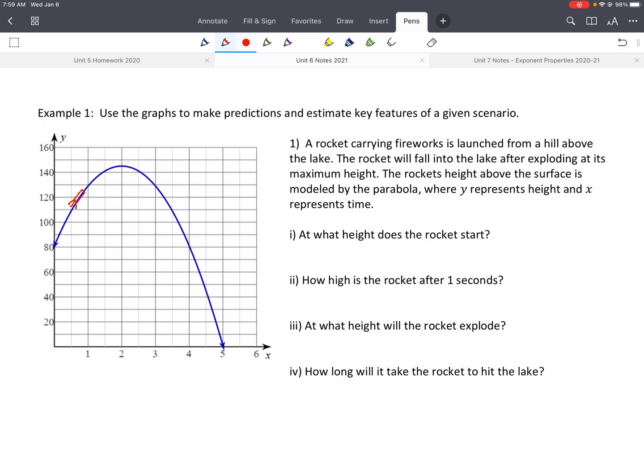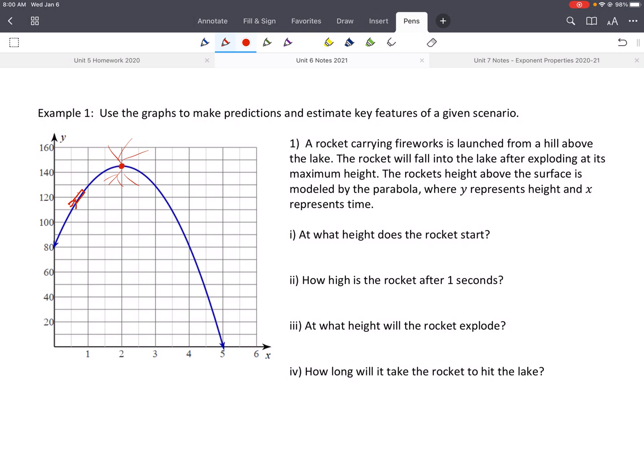And then once it hits its maximum height, it's going to explode, okay? I guess, I don't know, maybe it's not the best example, because if something explodes, I don't know if it will fall as normal. So anyways, we'll just assume that it explodes at the top and then it continues in the same fashion until it hits the lake at the bottom, okay?